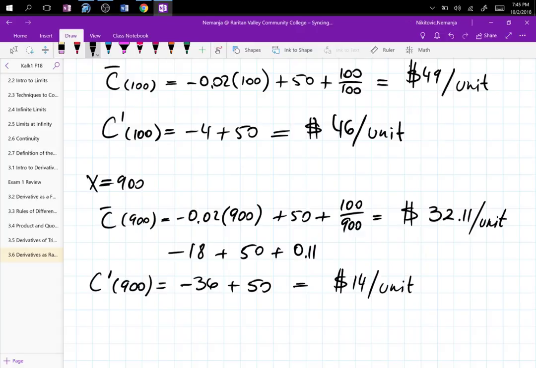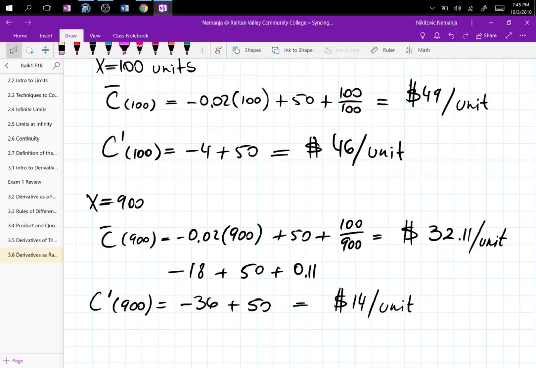Great! It's exactly what I want to see when I have a production set up. Because if I'm making 900 units, the 900th unit is only 14 bucks to make. So the more I make, the less cost goes per unit.